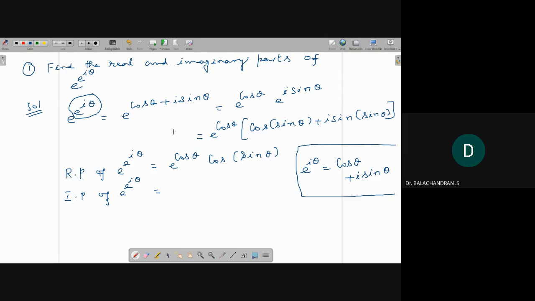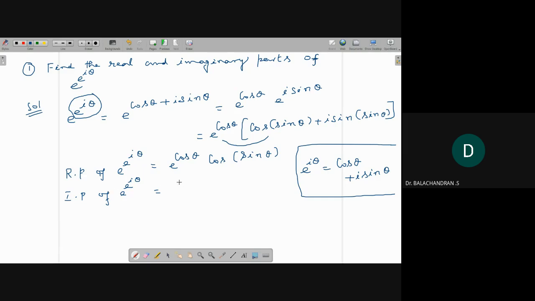So now the real part of e power i theta is you need to multiply these two. So e power cos theta into cos of sin theta. Imaginary part means you should multiply this term into sine of sin theta.